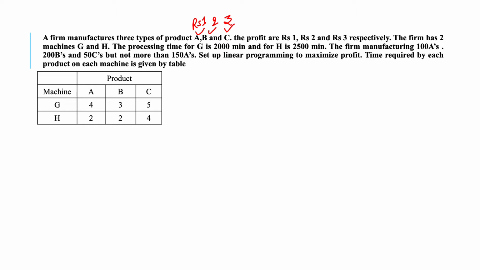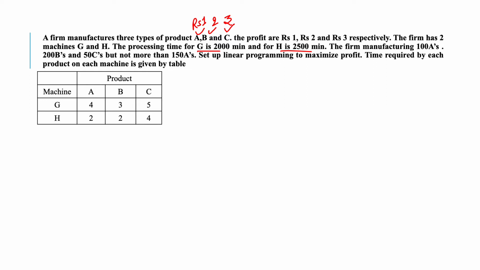Then the firm has two machines, G and H, and the processing time for machine G is 2000 minutes and for machine H it is 2500 minutes. That's my processing time, meaning the available time for each machine.